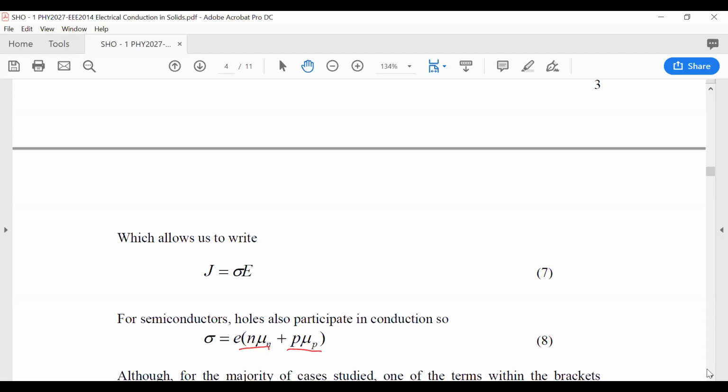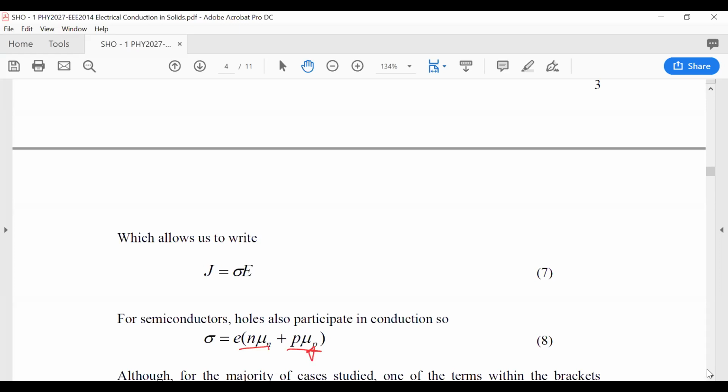N is the electron density in the material and p is the hole density in the material, both in per cubic centimetres. The subscripts n and p used for the mobility terms are because we're looking at the electron and hole mobilities, which are different even though the materials are the same. And so we need to make sure we show that we're talking about electron mobility, which has the subscript n, and hole mobility, which has the subscript p.